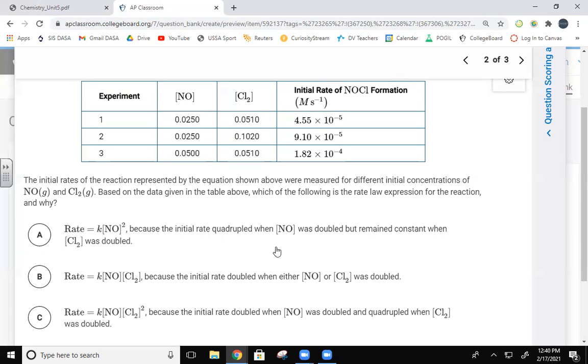NO is the concentration. When it's in the brackets here, that's concentration. It's the amount in moles. Well, how can the concentration go up? Is there a third unlisted element? Is this in an argon gas room or something? Well, the concentration of Cl2 didn't change at all.